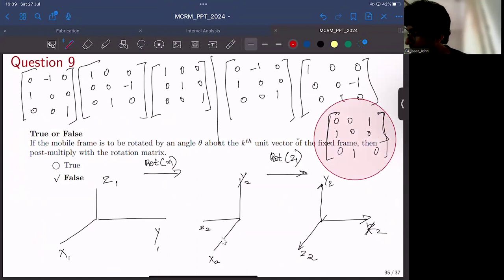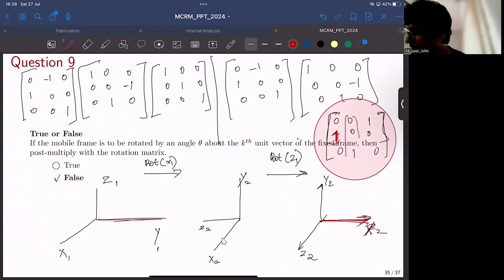So the first column 0, 1, 0 means the new x-axis is parallel to the old y-axis. So this new x-axis, x2, is parallel to the old y-axis.